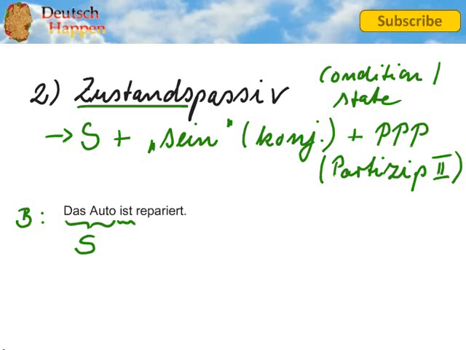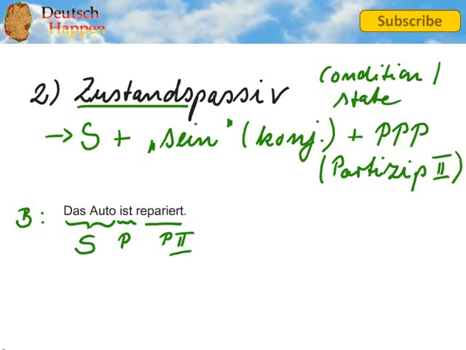The ist is the present tense conjugated form for the third person singular, as once again, Auto is it, es ist, so Präsens, and repariert, the Partizip 2 once again. Here, no optional object, just like this. As it's the state, the condition of the car, it is repaired.